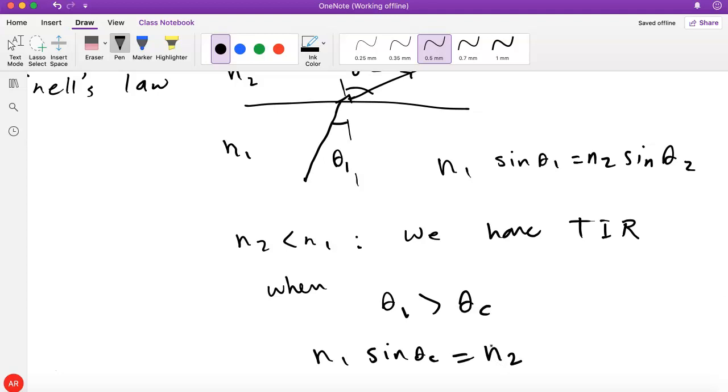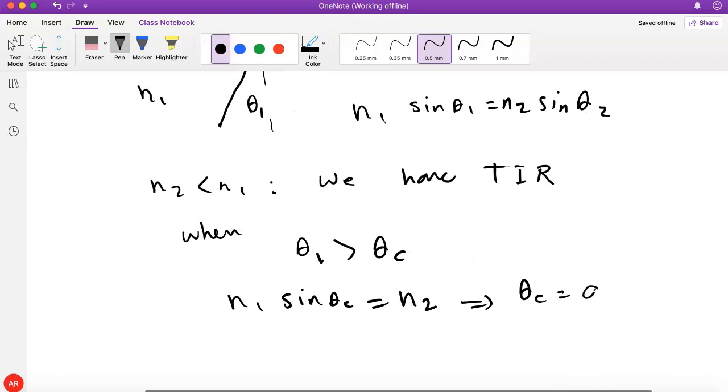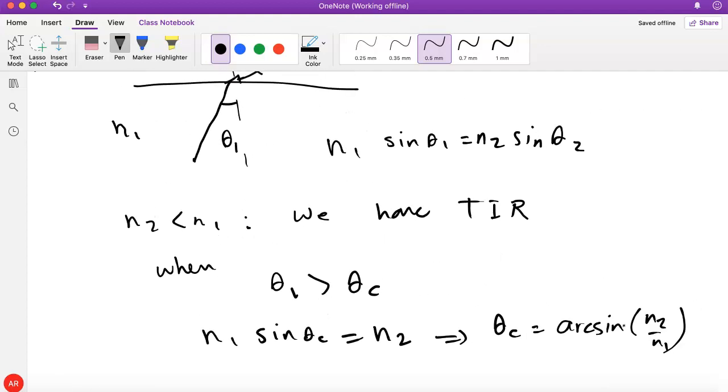And that means theta 2 is 90 degrees. So if you have a larger angle, then you're not going to find the solution. That's when the sine of theta is 1. So that's the critical value of the angle. From this, you can solve theta c to be the inverse sine of n2 over n1. Okay, so that's what we discussed last time.